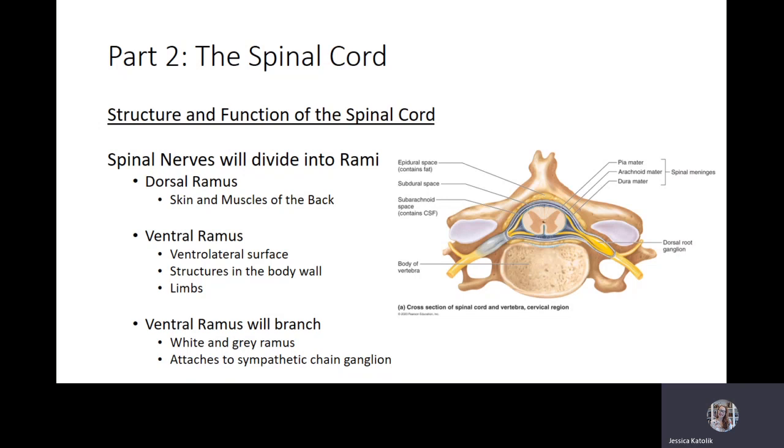But for our purposes, what I really would like you to know is that once the spinal nerve exits the intervertebral foramen, it's going to split into the dorsal ramus and the ventral ramus.